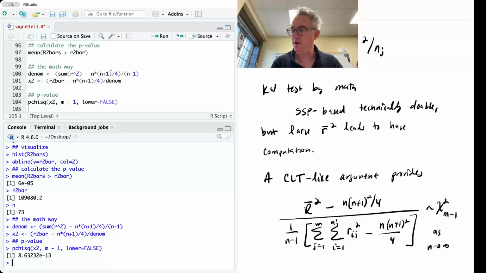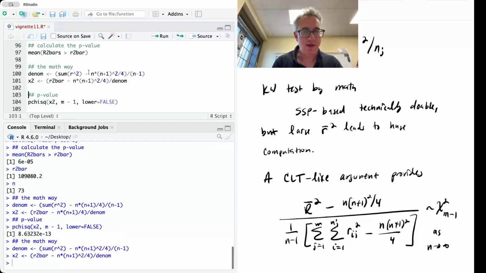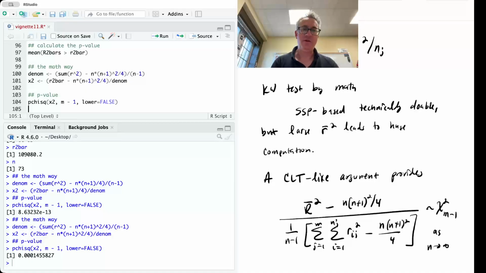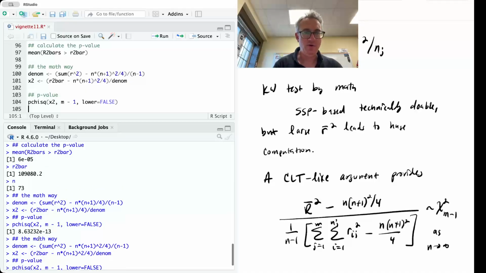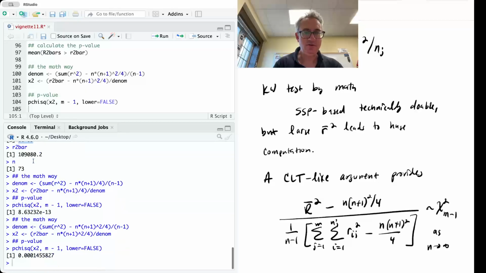I need squares here, so I've got a square if we look back at the formula, and also I need squares here. Let's go back through that. There we go, much closer. So we had 6 times 10 to the minus 5, and here we have 1 times 10 to the minus 4. So they agree to the 4th decimal place. That's the Kruskal-Wallis test.